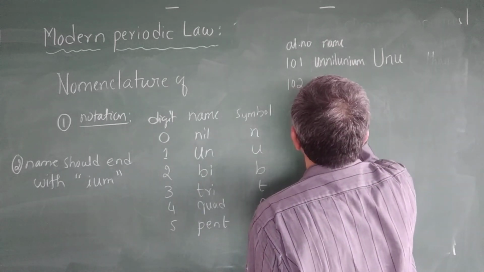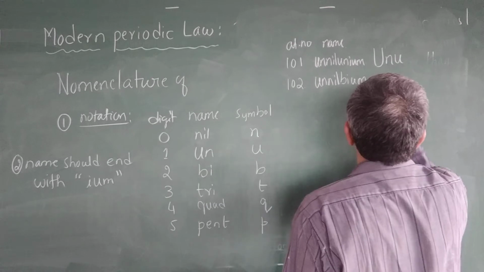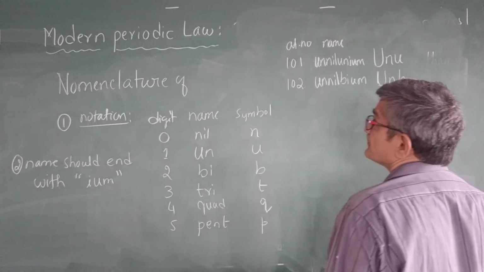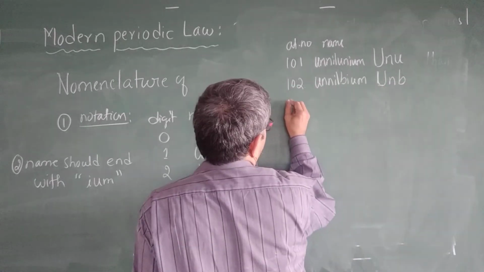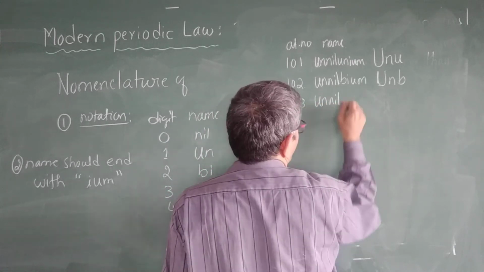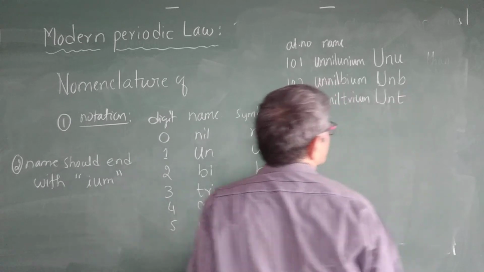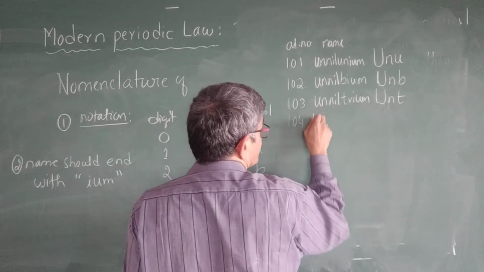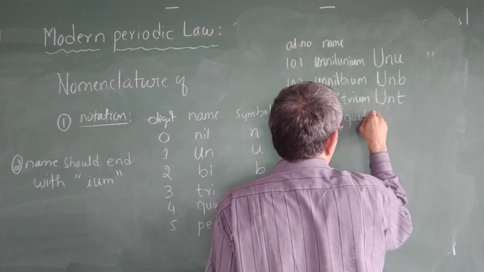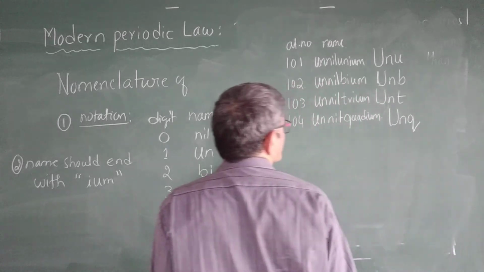102: unnilbium, symbol U, N, B. Okay. Next 103: unniltrium, U, N, T. 104: unnilquadium, symbol U, N, Q. Okay.